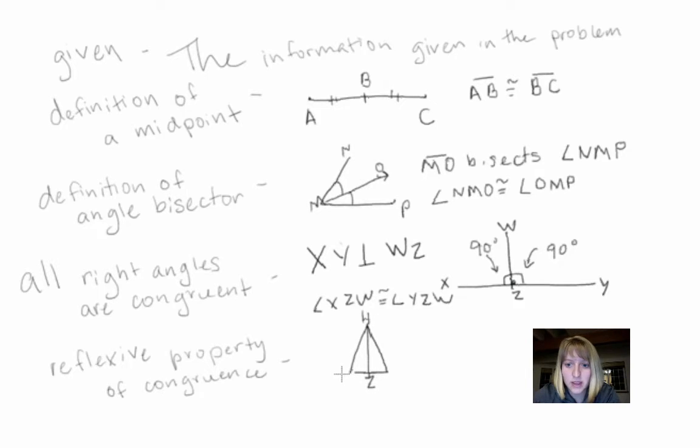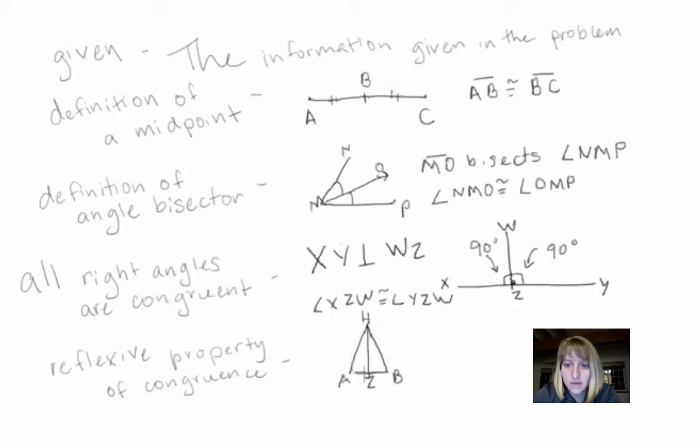So let's say we're looking at this triangle, and we're trying to prove that HAZ is congruent to HBZ.